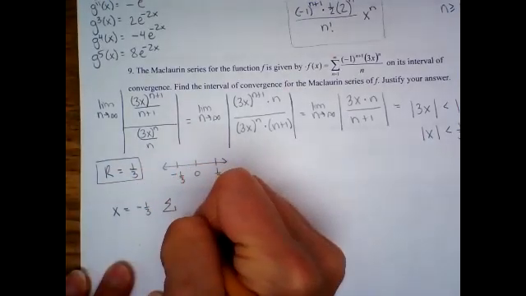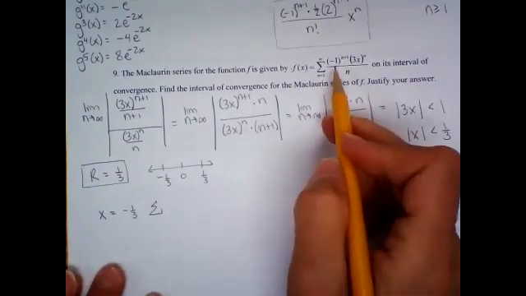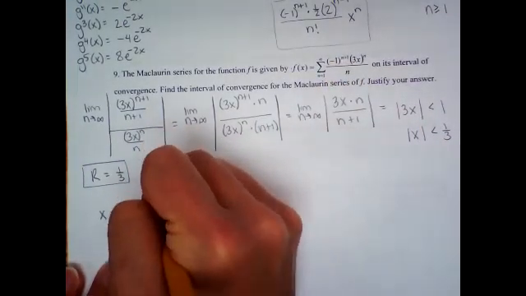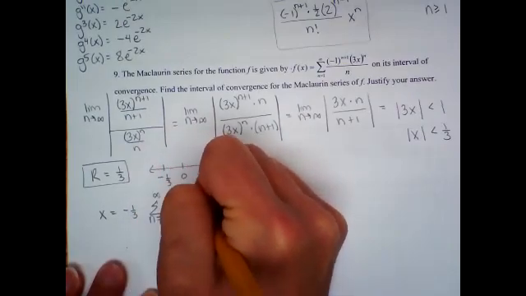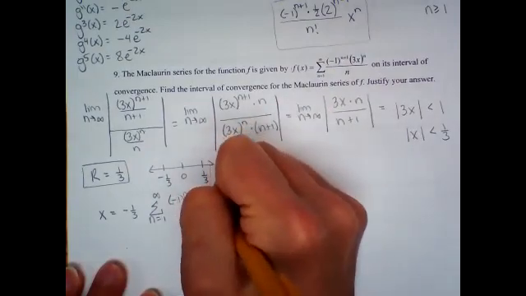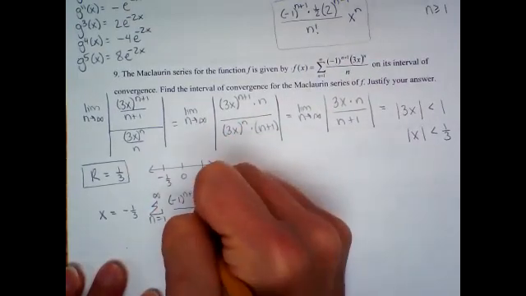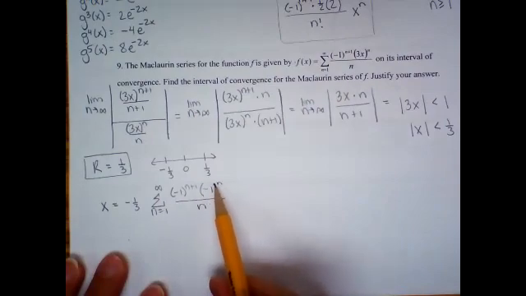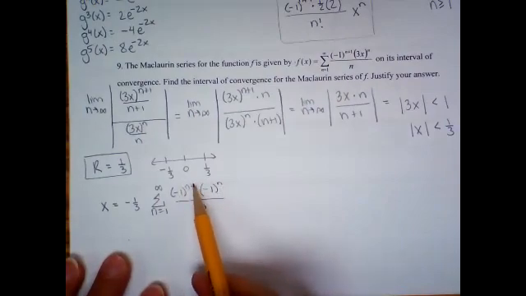So I'm going to plug in -1/3 for x in this original series here. So if I plug in -1/3 times 3, that'll be -1 then over n. So this is kind of interesting how this happens here. This is going to make all the odd terms negative. This is going to make all the even terms negative.